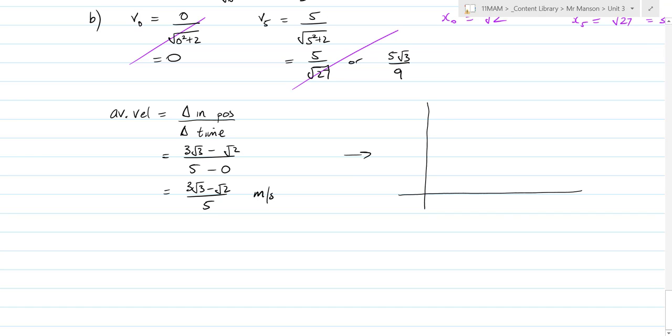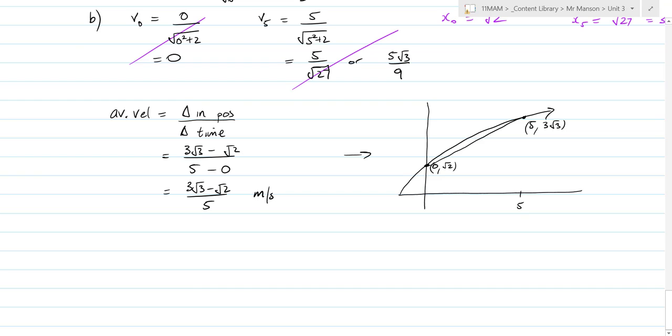And this point here is time 5 and position 3 root 3. And the average velocity is the gradient of this line. To find the gradient of that line, I do change in position over change in time. But you've got the formula for that, so just remember you've got to find x0 and x5. That's that one.